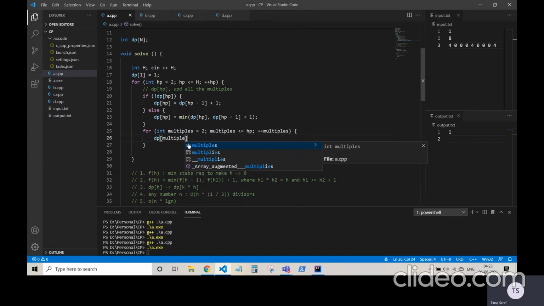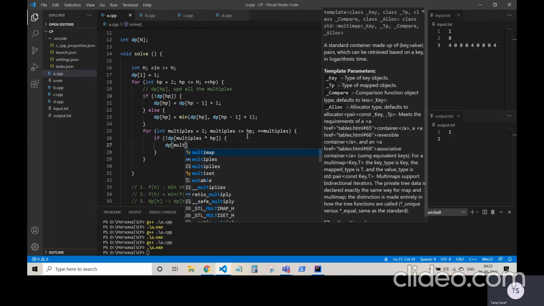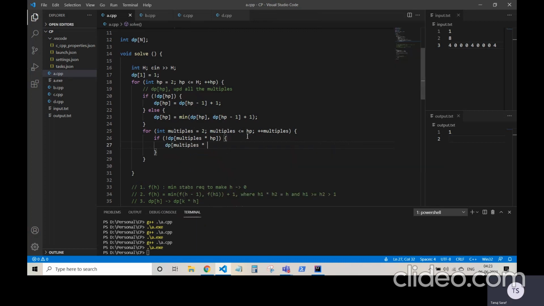Let's first write this down and then this will become clear. So if it has not been initialized, then we initialize it for the first time, dp of HP plus 1 step. Otherwise, we would have to take a minimum.